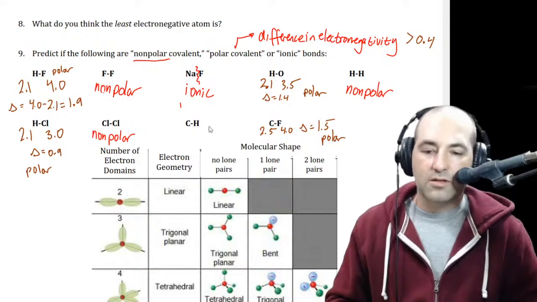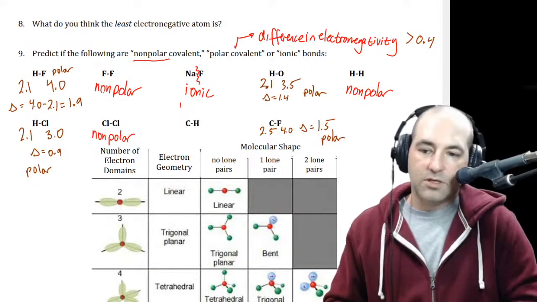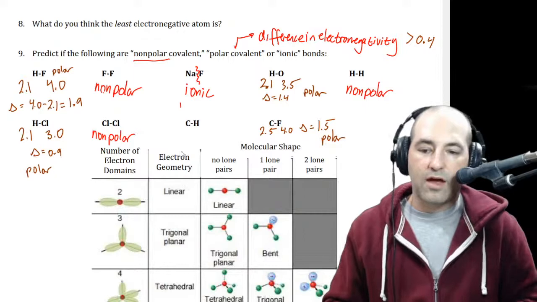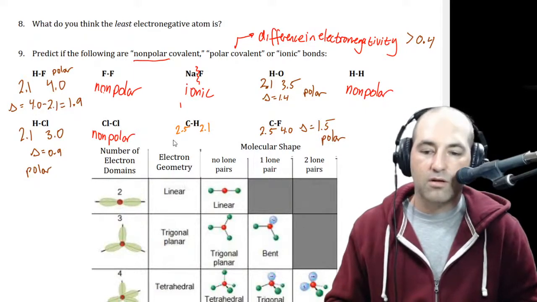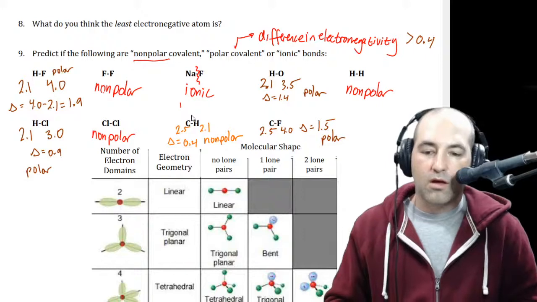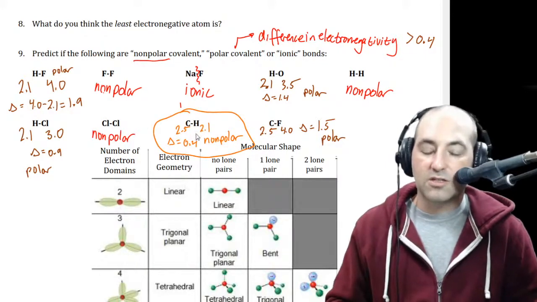And then our last one here, CH, is kind of a special one. It ends up being right on the line. Carbon is 2.5, hydrogen is 2.1. So the difference is 0.4, and that one is nonpolar. I'm going to circle that one, just because CH is such a common bond.